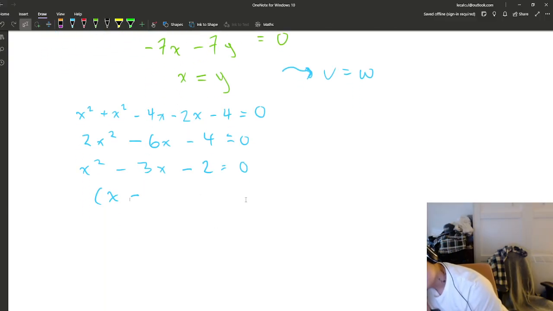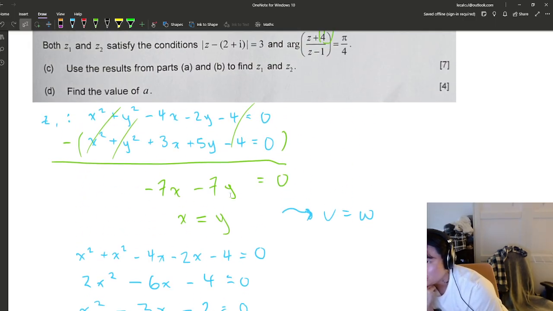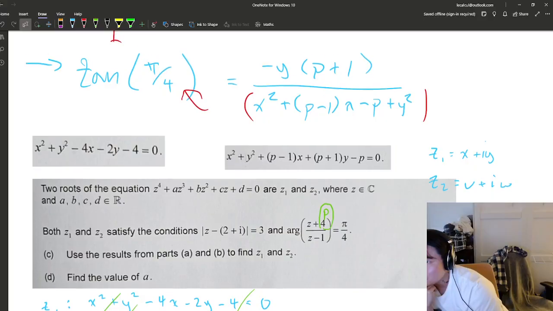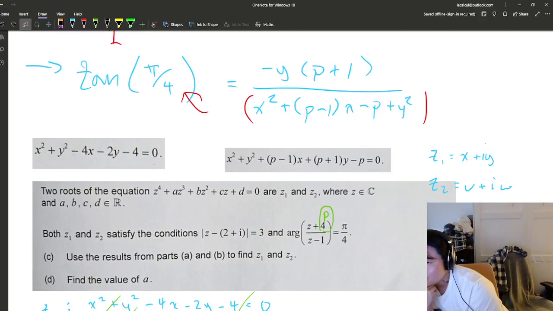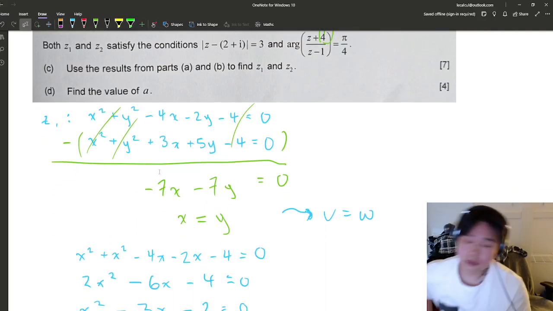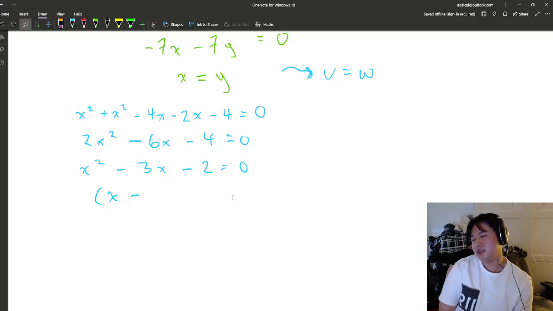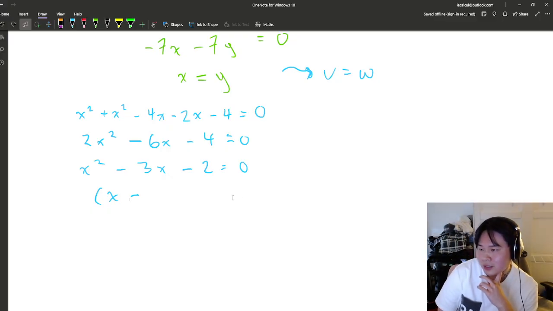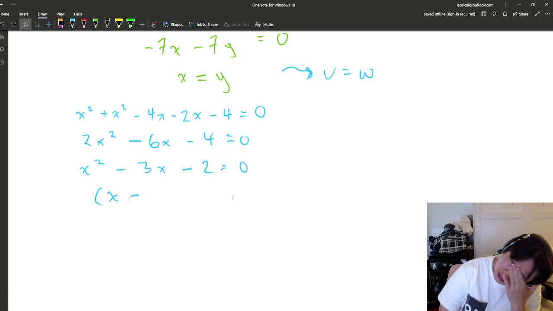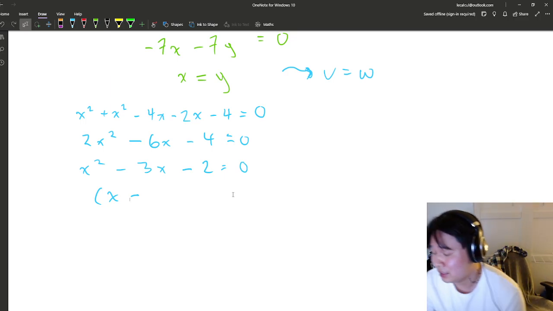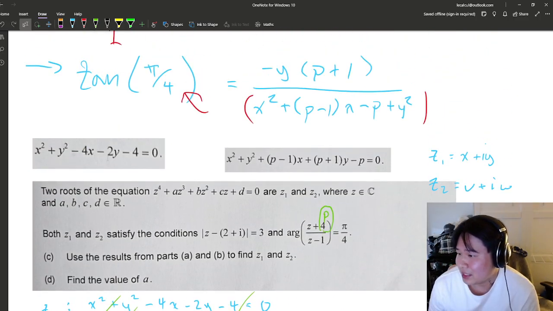This is factorable. 2 and 1. No, not with -2. There's no way. At this point they want you to use the quadratic formula. Did I mess something up?